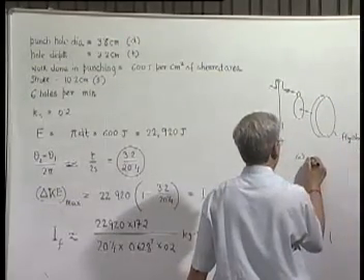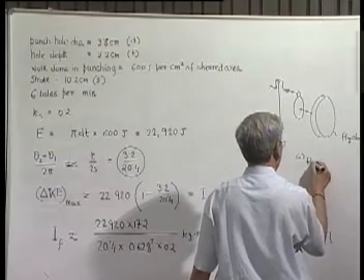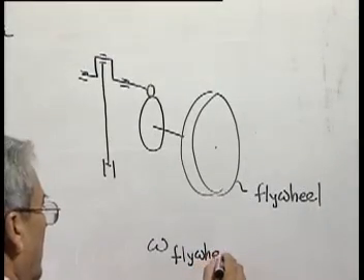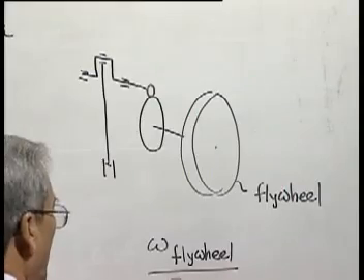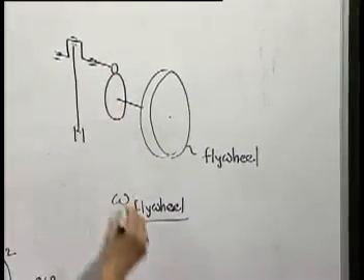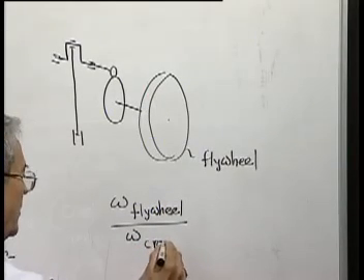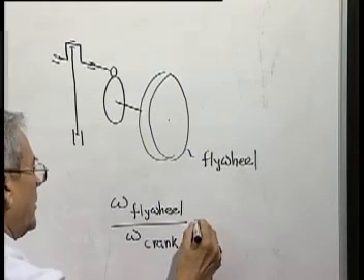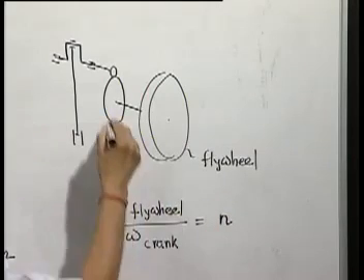And omega of flywheel by omega of the crankshaft is equal to say n, depending on the gear ratio.